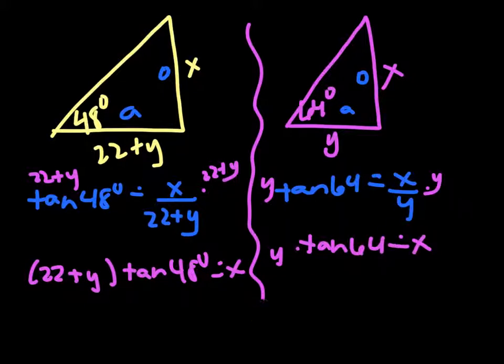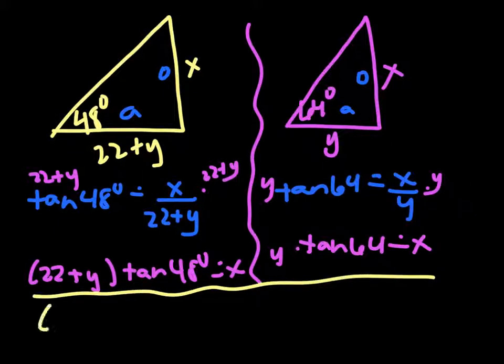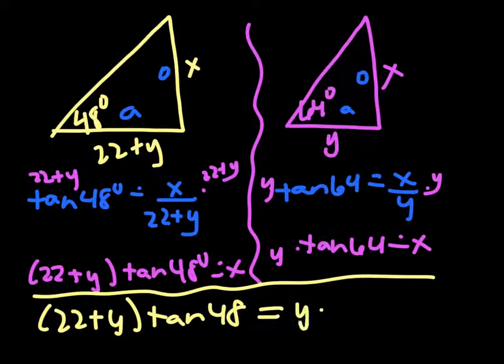And since both of these equal x, I can set them equal to each other. I'm going to have to do this on the next screen after I write it out. Equals y times tangent of 64. We're basically just solving a system of equations. Since they're both equal to x, I can do substitution and set them equal. On the next screen, I will do the math for you.